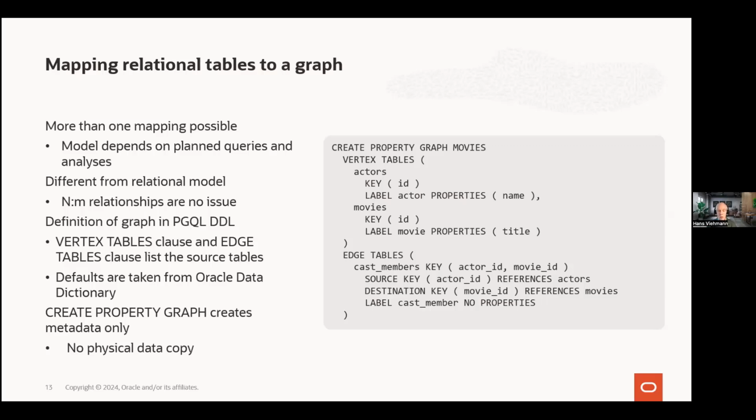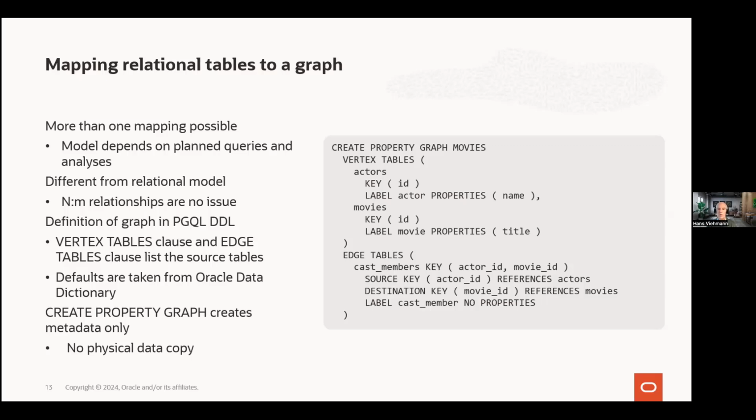What is new, and what is completely new in 23C, is that now the SQL kernel of the database understands graphs, meaning the property graph, which we create with the create property graph statement here as a DDL statement, is a regular Oracle database dictionary object.